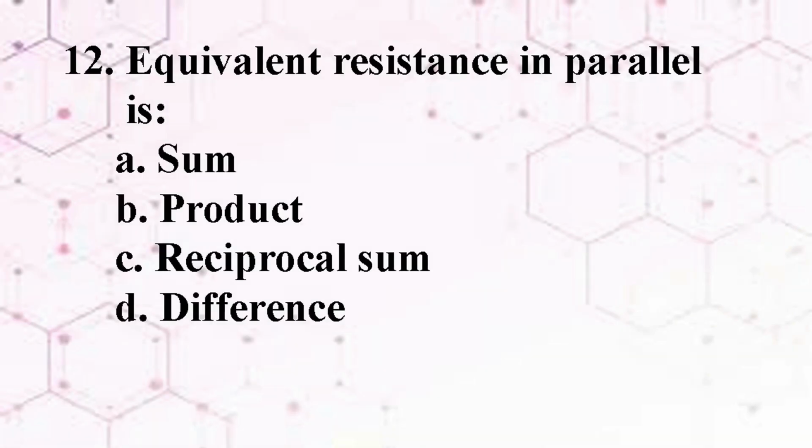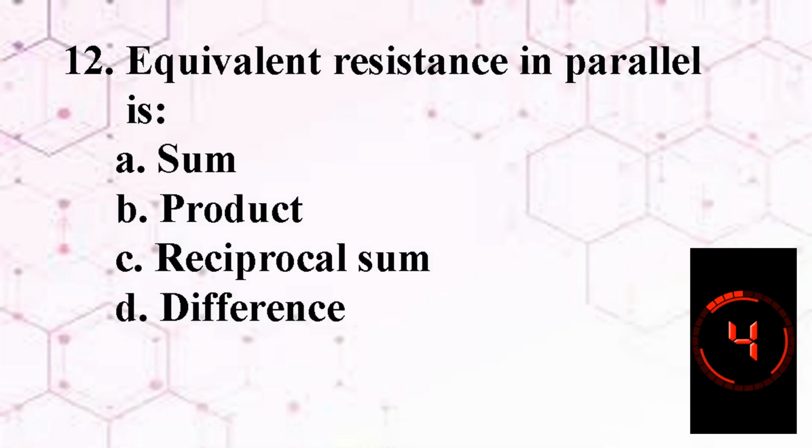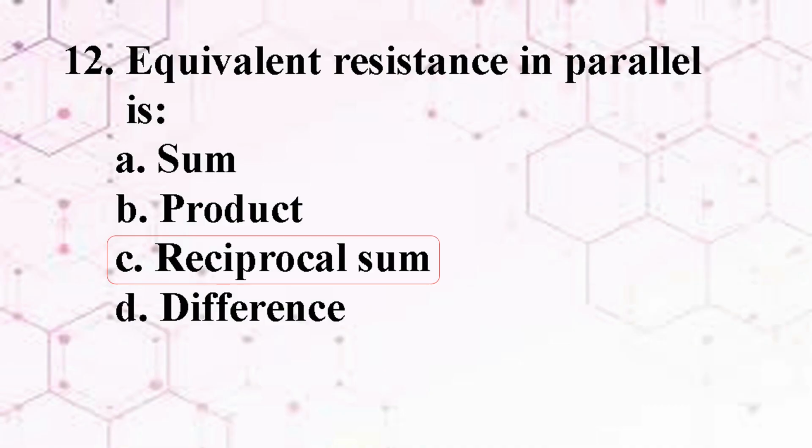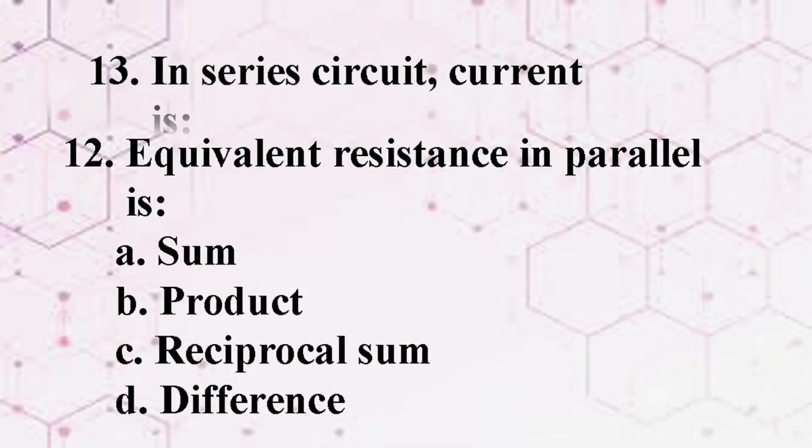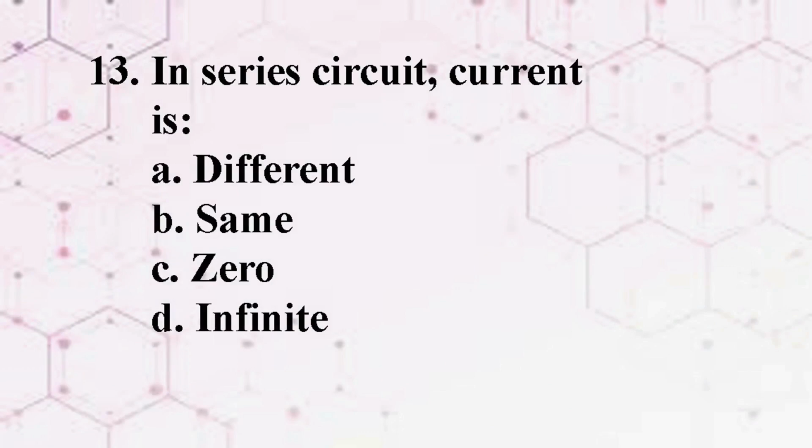Question number 12. Equivalent resistance in parallel is A sum, B product, C reciprocal sum, D difference. The correct answer is C reciprocal sum. Question number 13. In series circuit, current is A different, B same, C zero, D infinite.